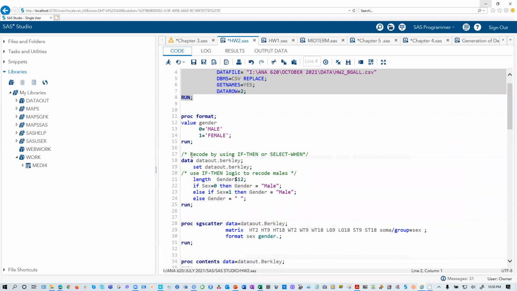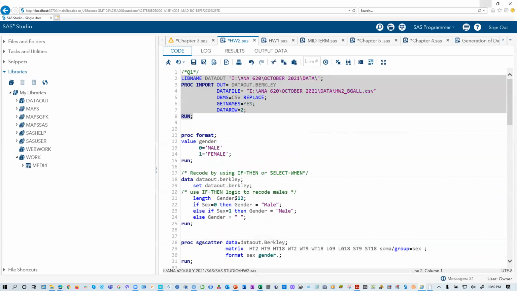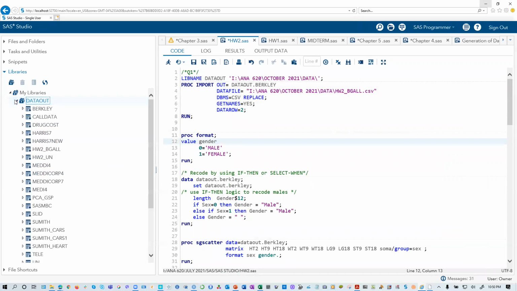Now we're gonna recode, okay? Use if-then logic to recode males. Set means you get the data from here and set it back again. My data is in the data out library with the name Berkeley.